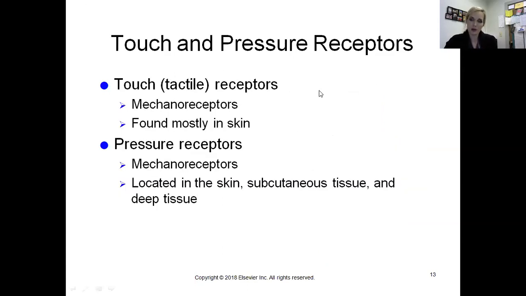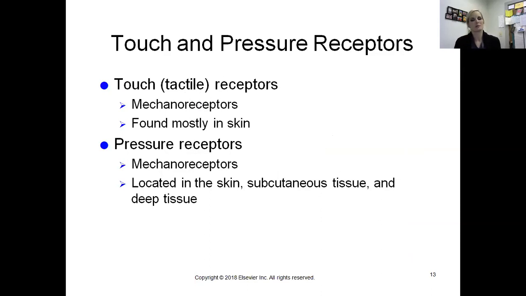We have touch and pressure receptors. Touch, or what's sometimes called tactile receptors, are mechanoreceptors. Again, we talked about the different types of receptors. They are found mostly in the skin. So in that example where somebody was petting that cat, we can pick up the sensation of soft because of the receptors in my skin.